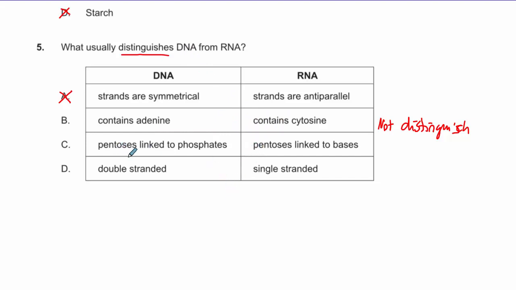And pentoses linked to phosphate and pentoses linked to bases. Okay, that's also true in itself, but it doesn't distinguish between DNA and RNA. So it's of course D that is correct. Double-stranded, that is DNA, and single-stranded, that's RNA.